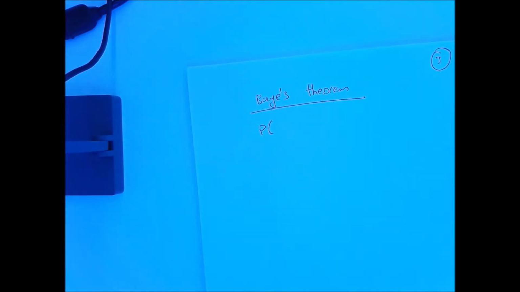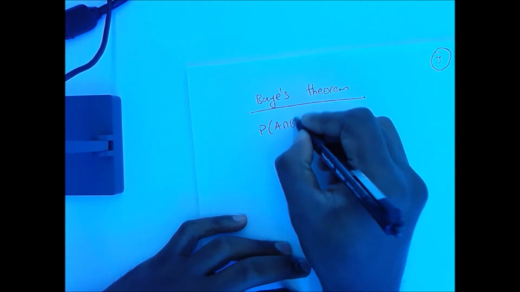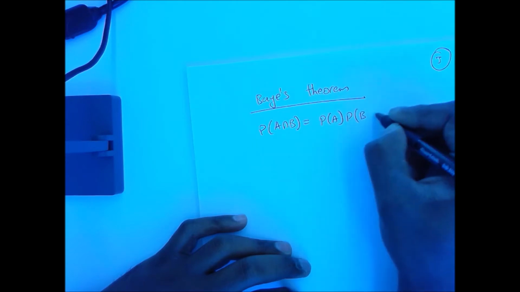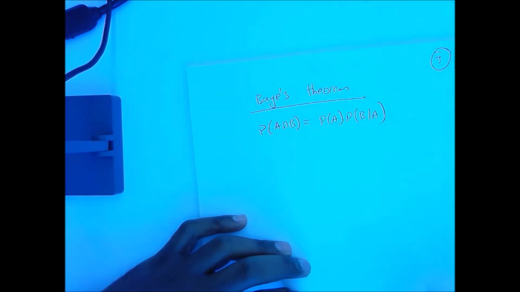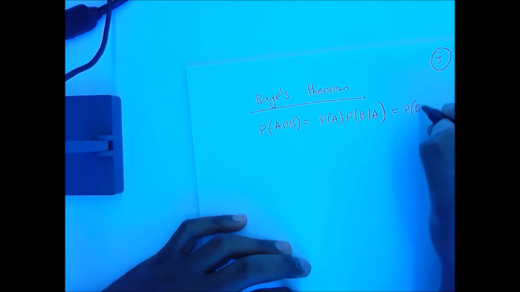So this is a rough sketch of the derivation. Let's say P of A intersection B is equal to P of A times P of B given A. Everybody agree with that? That's the definition of a conditional probability, right? It will also be equal to P of B times P of A given B.